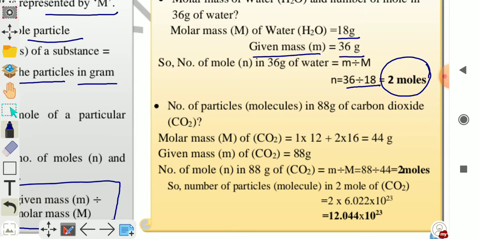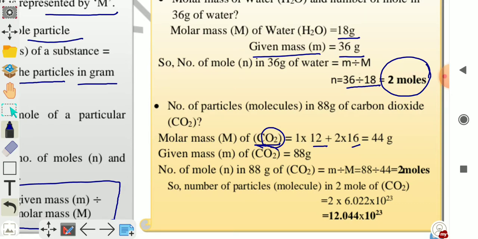By finding out the molecular mass of carbon dioxide. So what is the molecular mass? 1 atom of carbon, 2 atoms of oxygen. The atomic mass of carbon is 12 and the atomic mass of oxygen is 16.